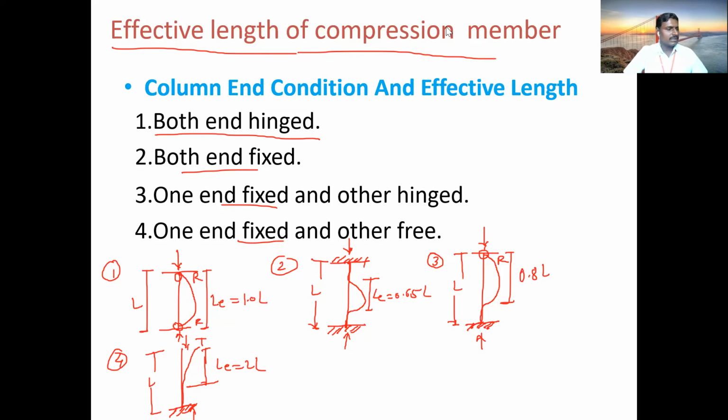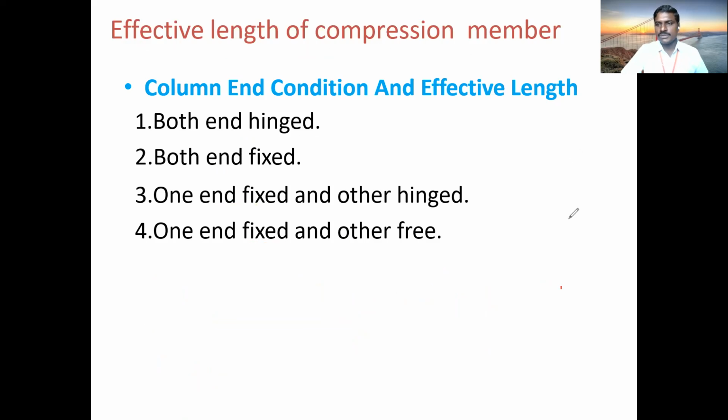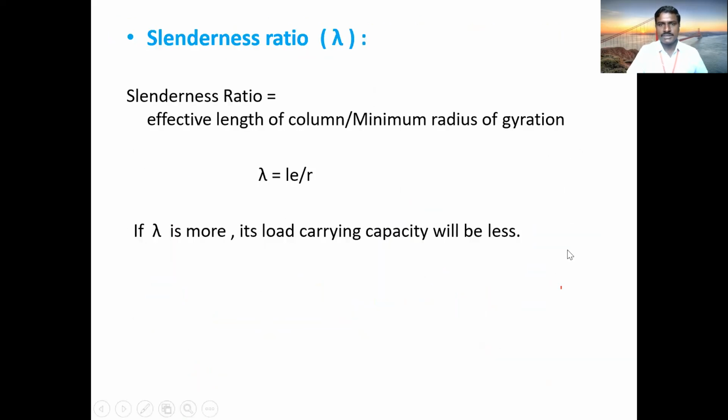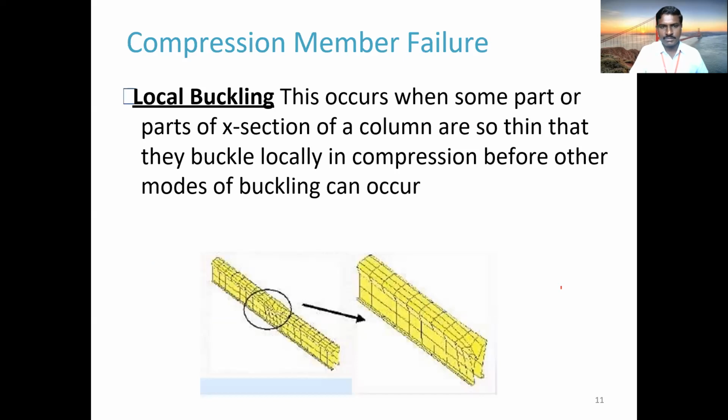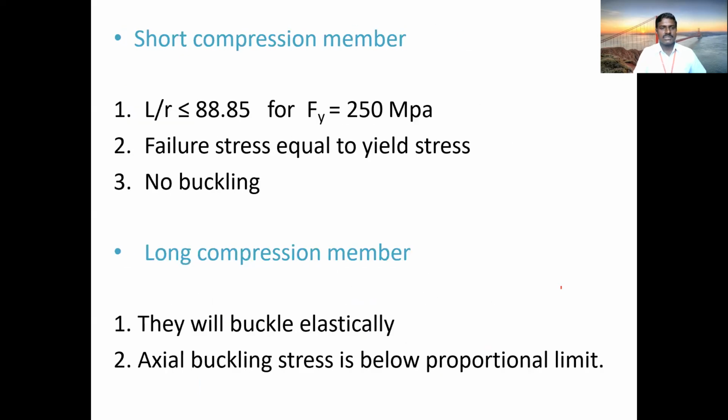Up to here we will stop for today. In the next lecture we will see the slenderness ratio for the compression member, because the slenderness ratio depends on the effective length that we have now calculated.